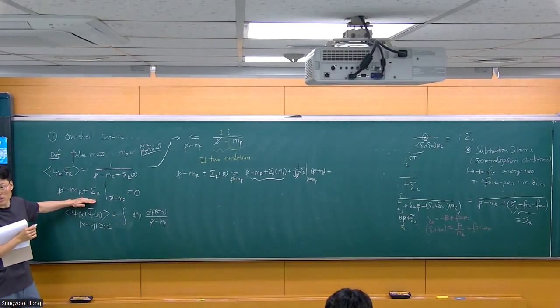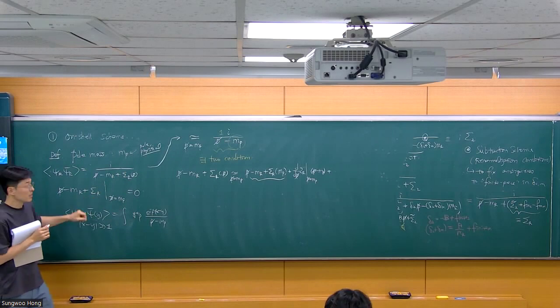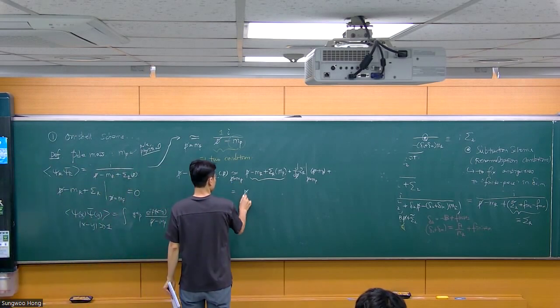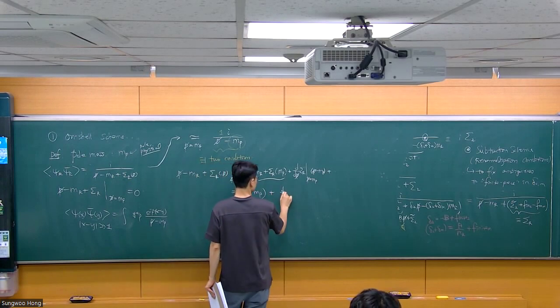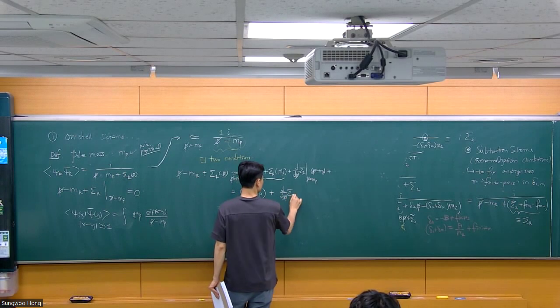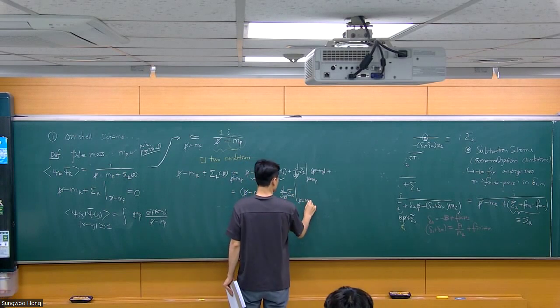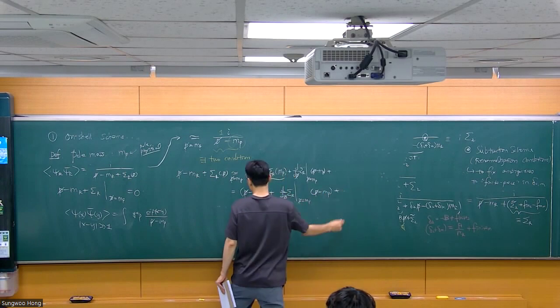So if you hit the pole, this combination is exactly the definition of the pole mass. So this can be rewritten, very close to the pole mass, as m_pole plus higher order.